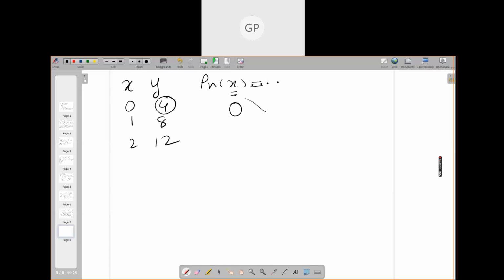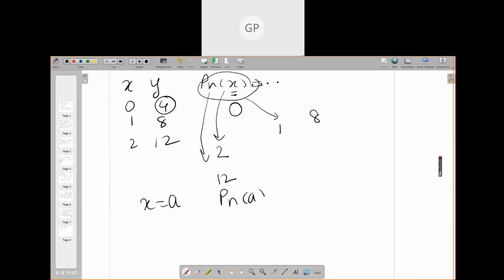When I put x is equal to 1, pnx का आंसर कितना आना चाहिए? 8. When I put x is equal to 2, pnx answer must be 12. Yes, that means when I put x is equal to a, my pna should be equal to what? F of a. Because this is how I write. See, x and fx ऐसा मैं लिखती हूँ. तो x की वैल्यू a है, a plus h है, a plus 2h है, and so on, a plus nh है.